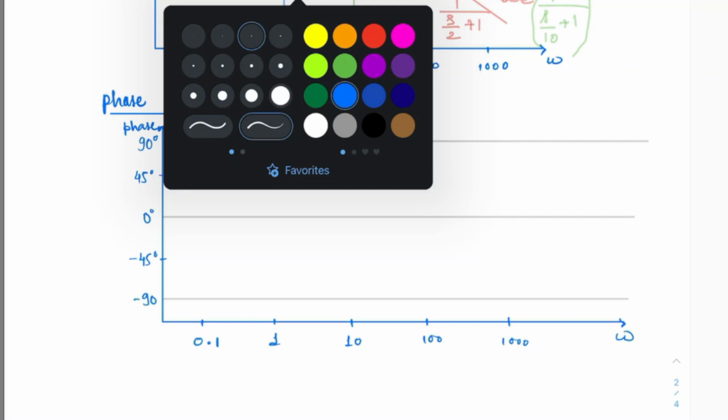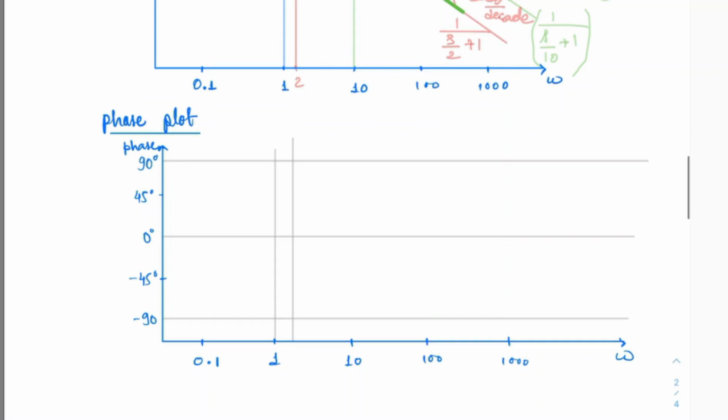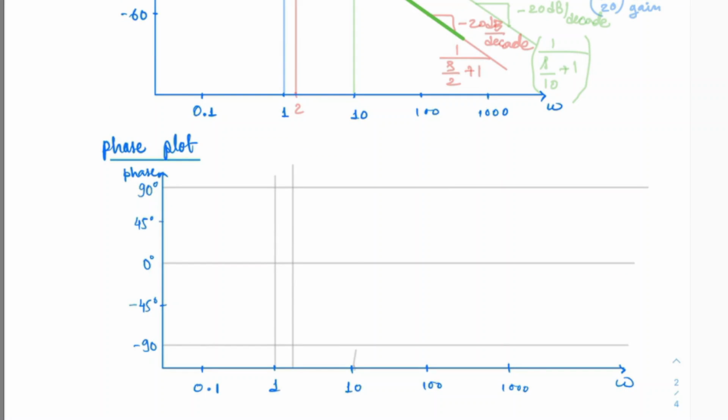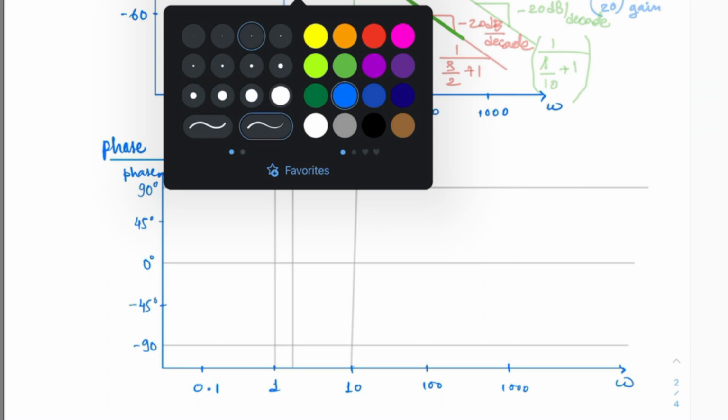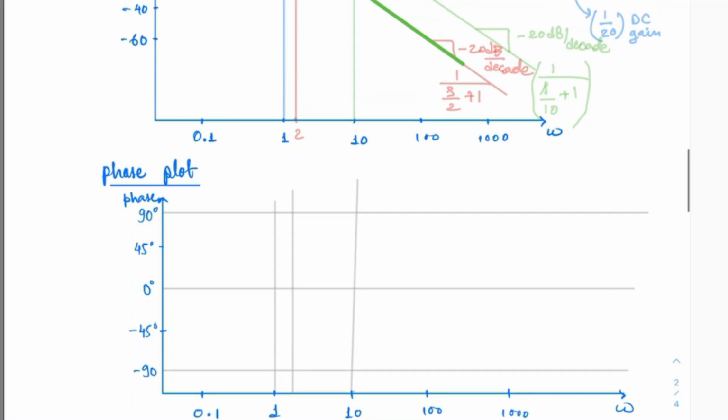Let's draw vertical lines at crossover frequencies. So this was 1, this is 2, and then this is 10. So let's draw for the s plus 1 component.